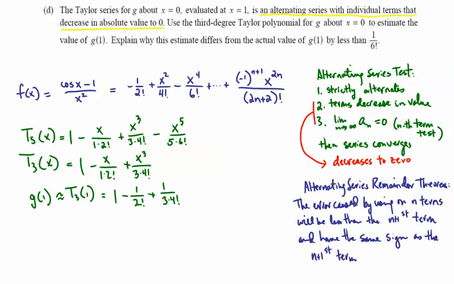So remainders, or error bounds, are easy to calculate with alternating series.